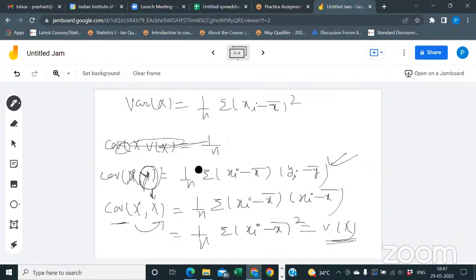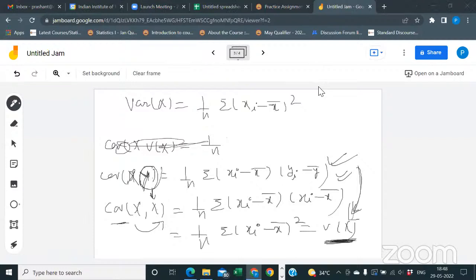If I remove yi minus y bar and put xi minus x bar, then it is again (xi minus x bar) whole squared. That's what I want to say. Variance is for the single variable and covariance is for the two variables. Basically, it is a measurement of how the data deviates from the mean.